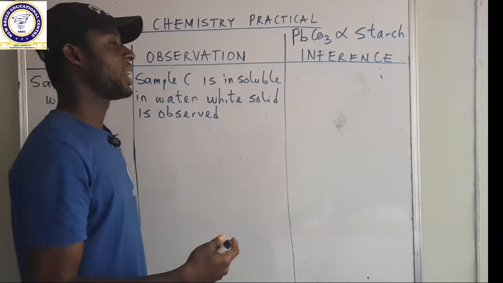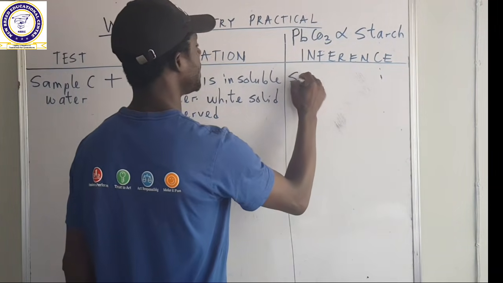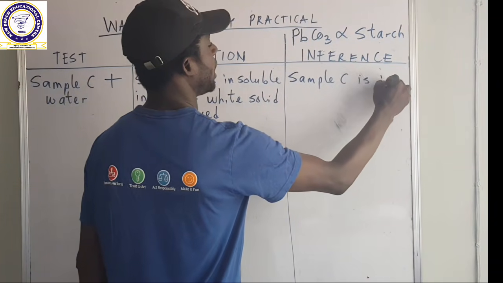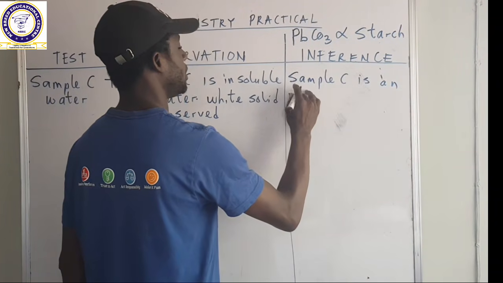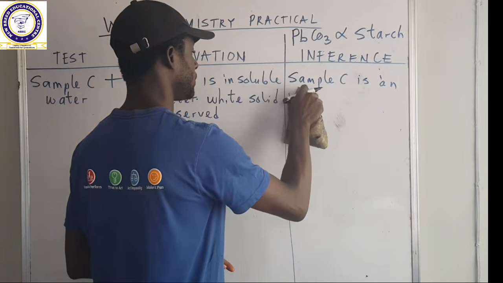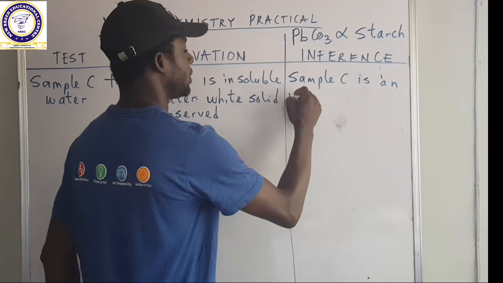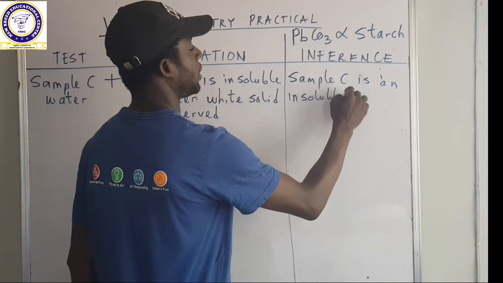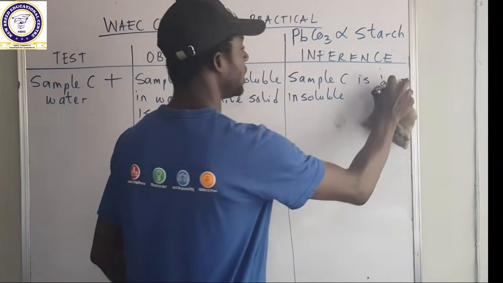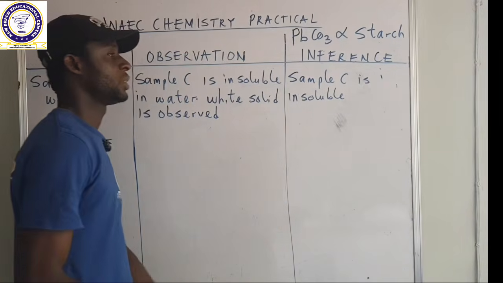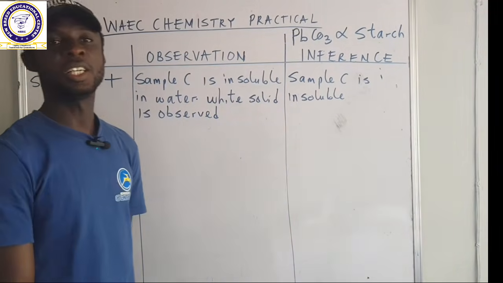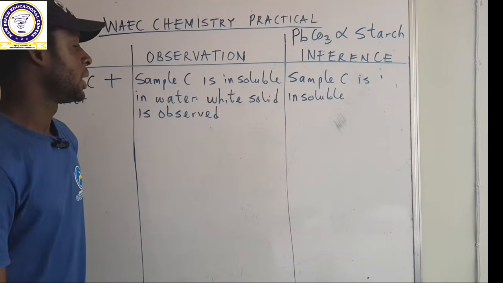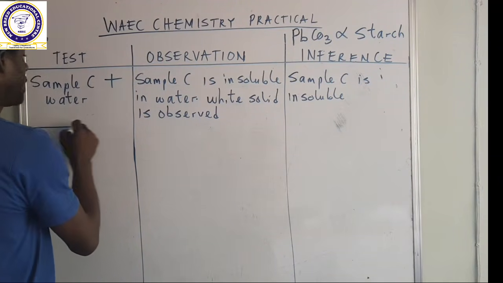That is going to be our observation, that sample C is insoluble. Simple. Sample C is insoluble. That is going to be our inference. Now, let's rule it out.